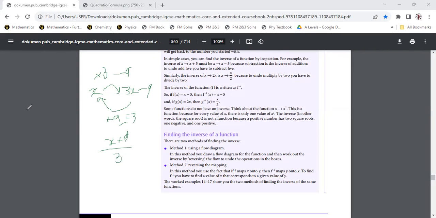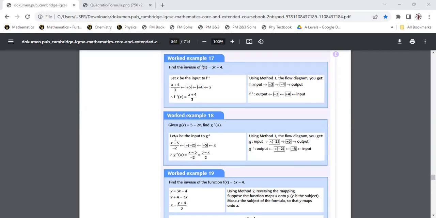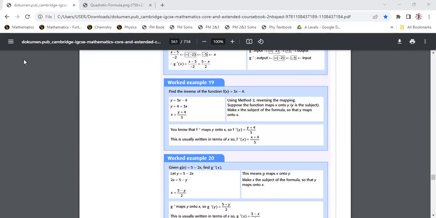So now, sometimes we can't really imagine these situations that well. So this is where rearranging your equation to make x the subject is important. So let's have a look at functions like, let's say, 3x minus 4.